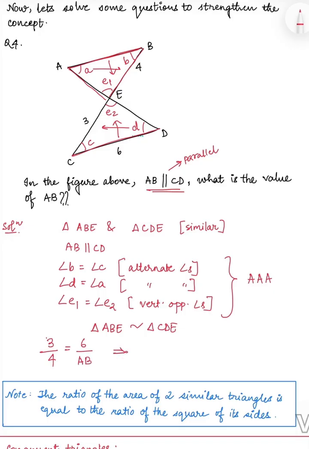That gives us AB is equal to 6 into 4 by 3, so that is 8. This is the value of AB, because the sides are proportional to each other.